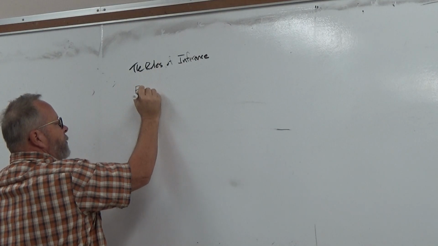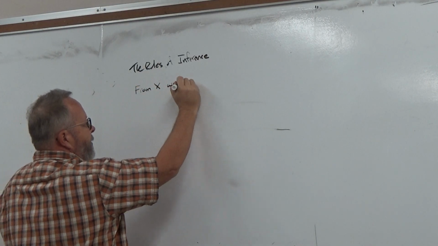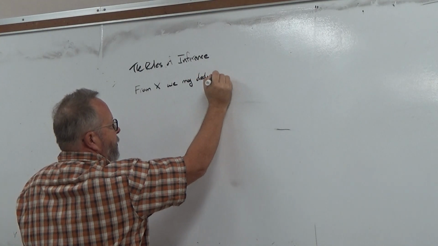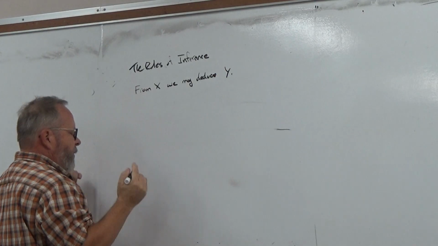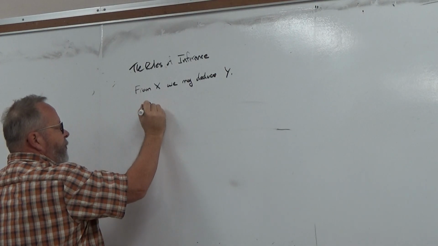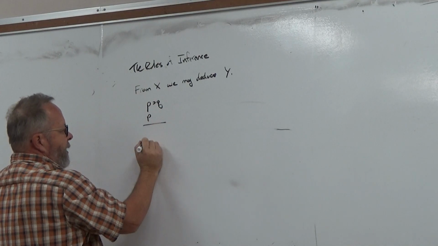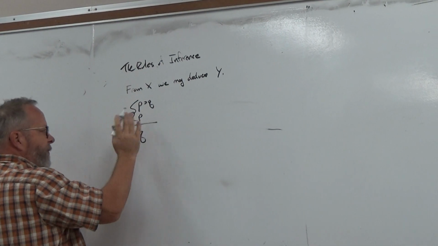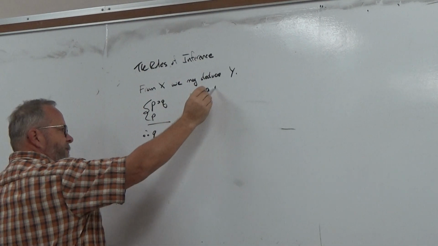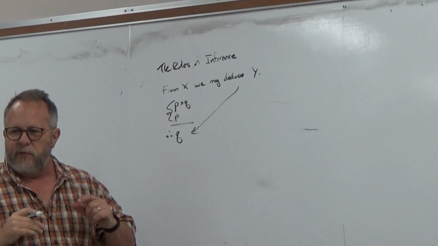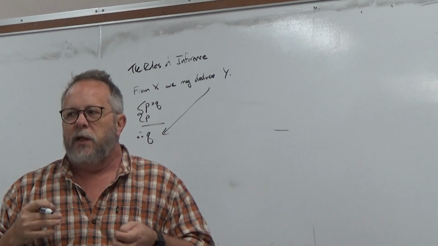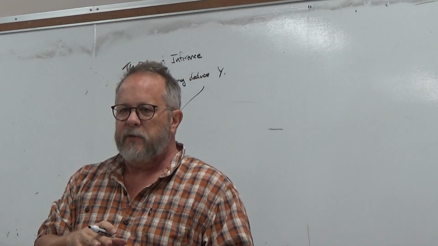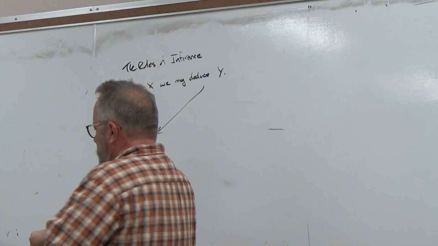From X, we may deduce Y. Okay, so for example, if P then Q, P, therefore Q. Okay, and from these things we can deduce this thing. Okay, so we're, as it were, making a new claim based on existing claims. Does everybody understand that? I like them already.